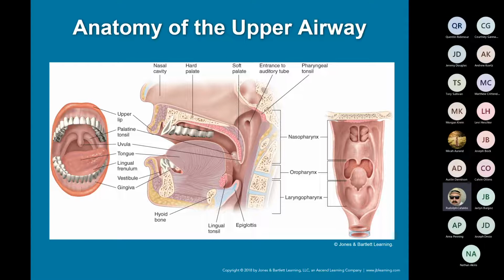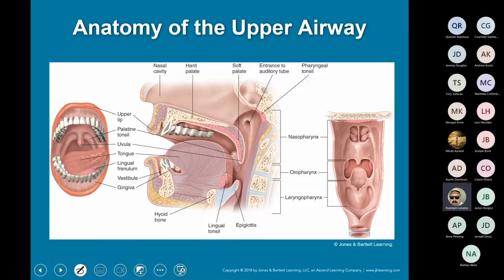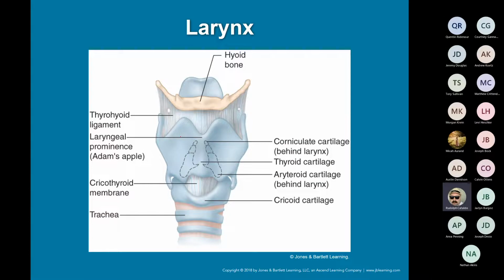And as you can see right here, let's see if I can draw that out for you guys. Epiglottis, pointing right here. Anything below that is considered our lower airway. Our larynx is essentially what you can feel.